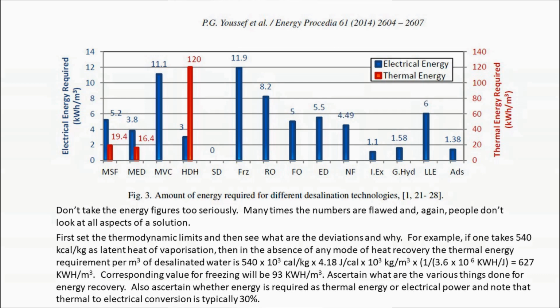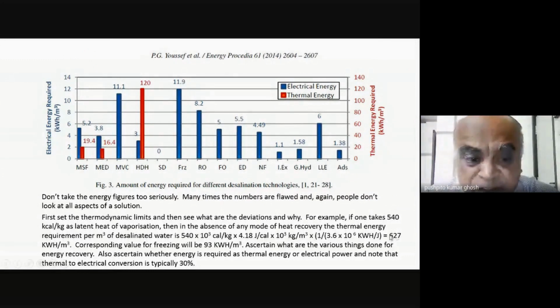Let's say I want to figure it out per m cube, like we did in the previous case, and express it in kilowatt hour. If I convert all of this, everything else will cancel out and I'll end up with kilowatt hour per meter cube. What you will find is the value is 627 kilowatt hour per m cube.